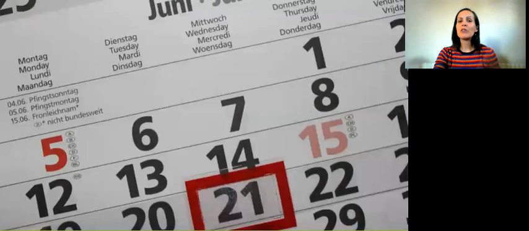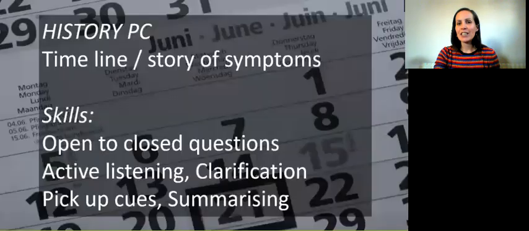Then we move on to find out more about the symptoms. And we want to know the story and the timeline, the sequence. And to do that, we can use various skills, such as open to closed questions, again active listening, clarification, picking up cues, and summarizing. So questions.